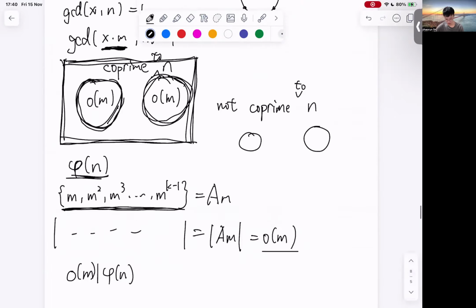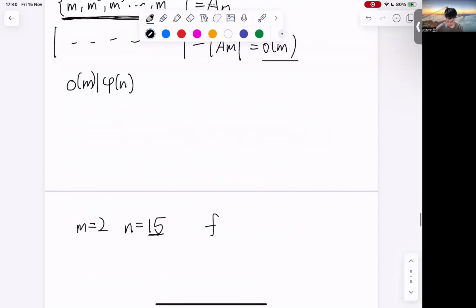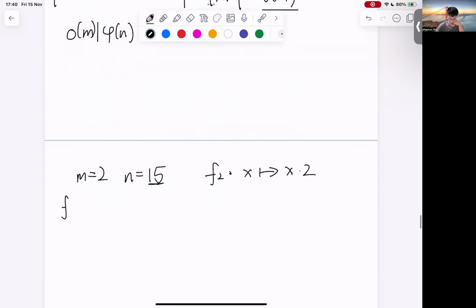So we need to create this mapping. F_2 maps every x to x times 2, and all of the calculations are modulo 15. So we would have 1 times 2, 4, 6, 8, 10, 12, 14.